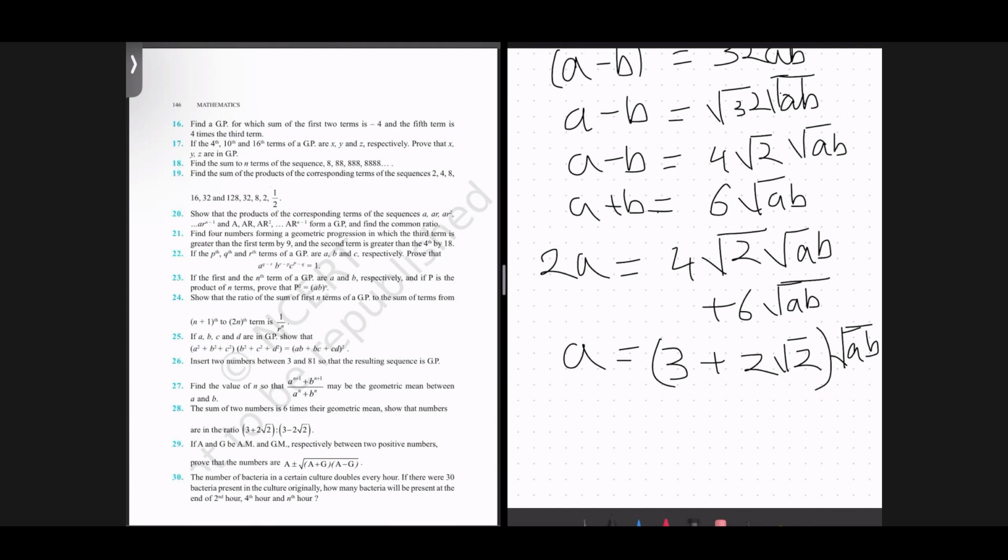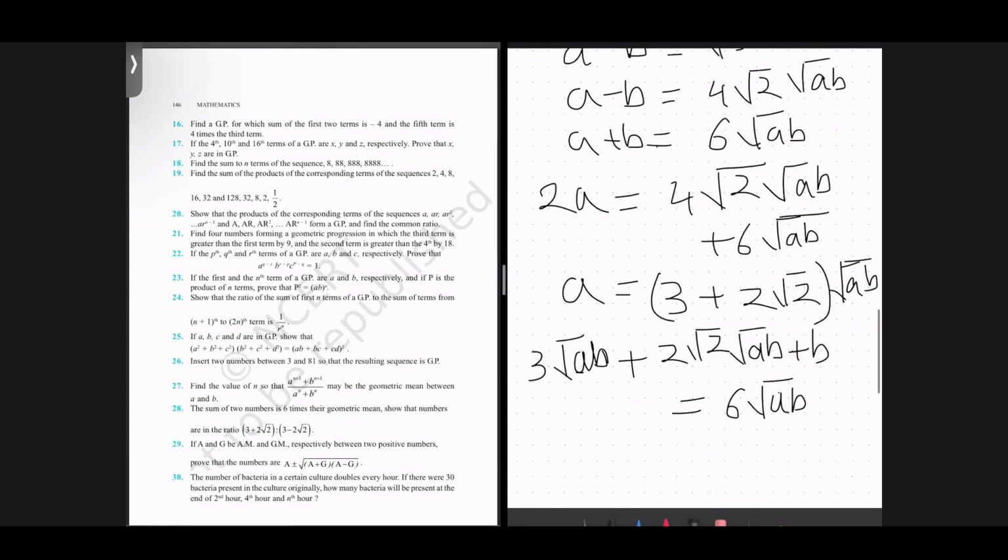Plugging this value of a into the first equation, you get 3 root ab plus 2 root 2 root ab plus b equals 6 root ab.